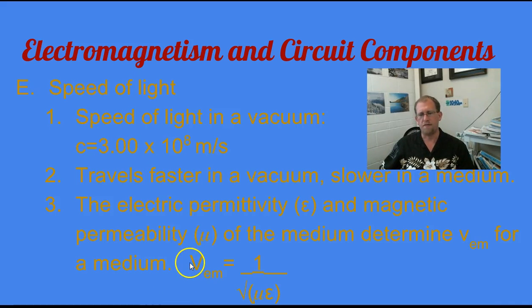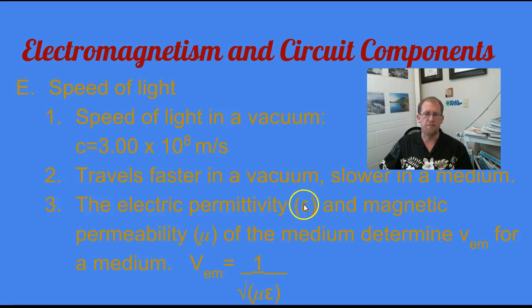So the velocity of electromagnetic radiation in a particular medium has to do with the reciprocal of the square root of mu times epsilon. Epsilon is electric permittivity. How easily do electric fields move through this medium? And then the exact same question with magnetic fields and mu.